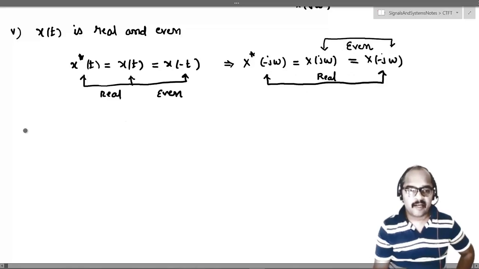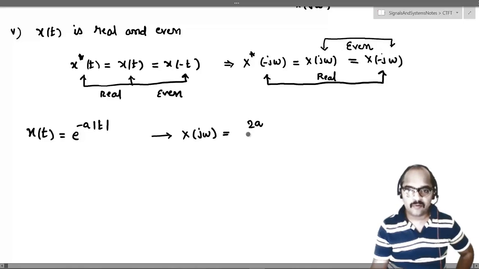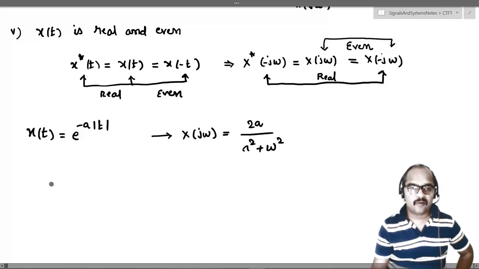Okay, so again we'll take the same example, which is x of t equal to e power minus a mod t. So what is its Fourier transform? X of j omega is equal to 2a divided by a square plus omega square. So clearly this is real and even, correct? Why?